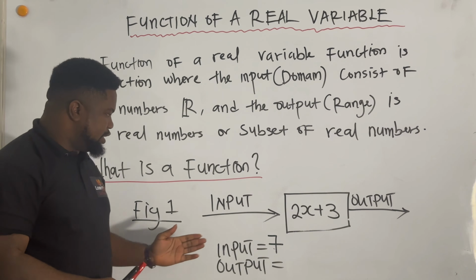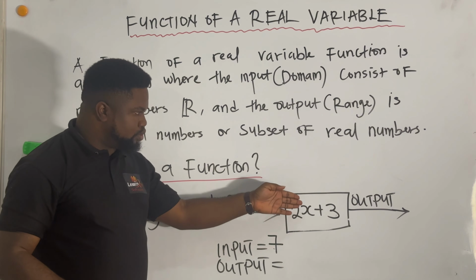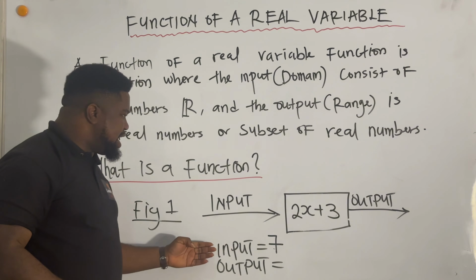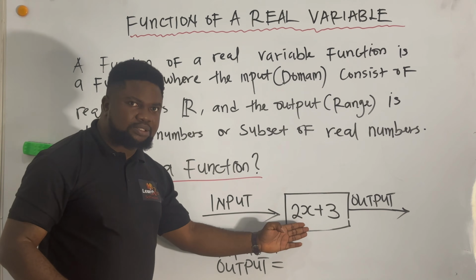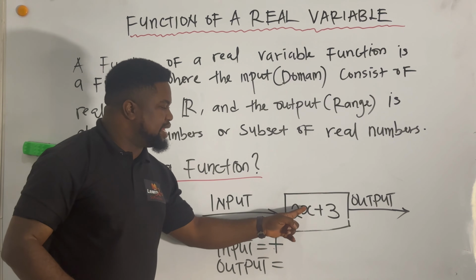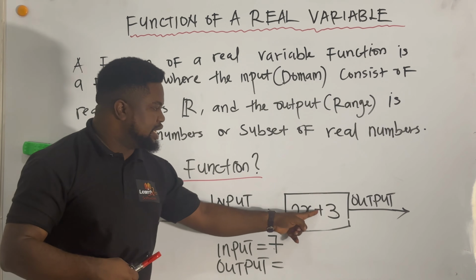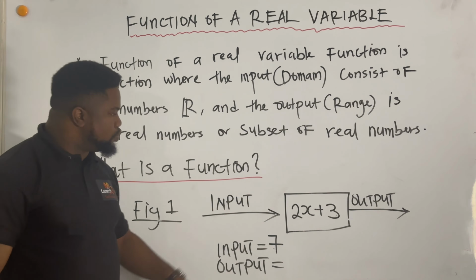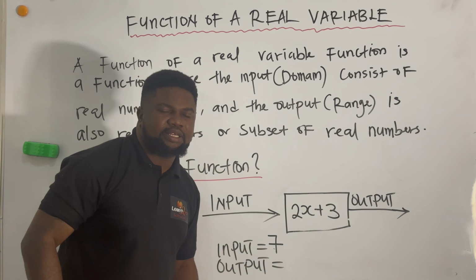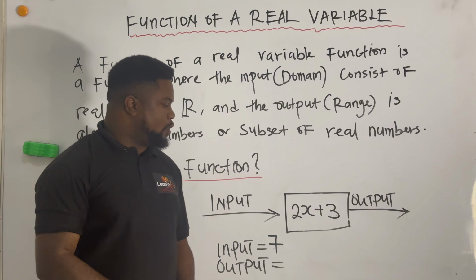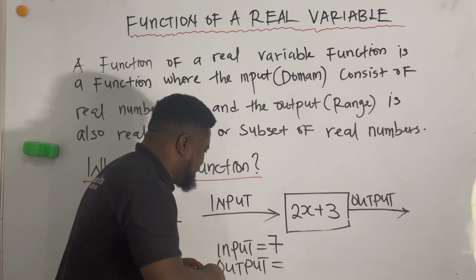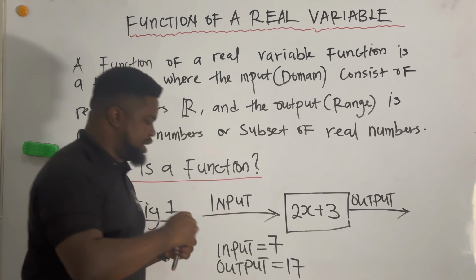What happens? 7 is going into the function box. So the rule here is saying that any number that enters, we shall multiply by 2, 2 times anything entering the function, then plus 3. So I will do 2 times 7, 14. 14 plus 3, 17. Therefore, my output will be 17 when my input is 7.